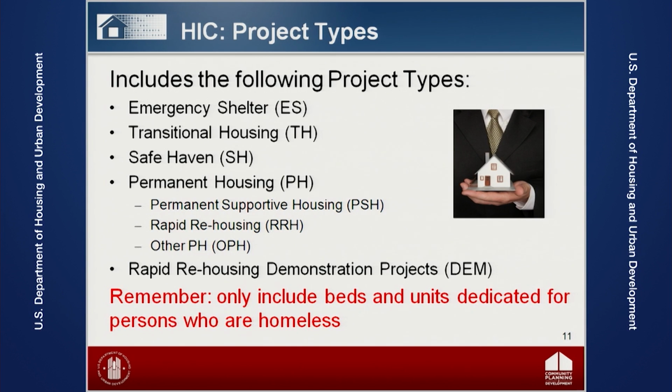And then, of course, there's permanent housing. And permanent housing, as I noted earlier, has three distinct subcategories: permanent supportive housing, rapid rehousing, and other permanent housing.